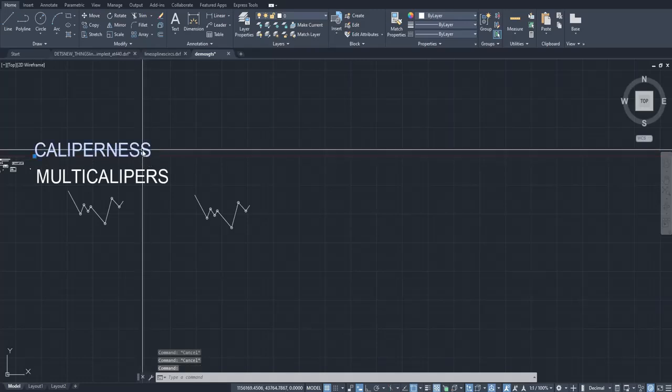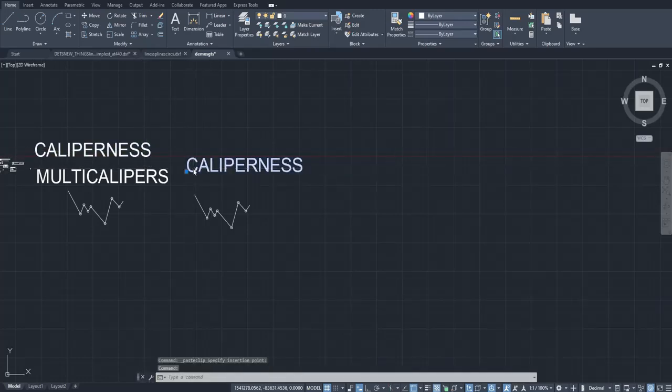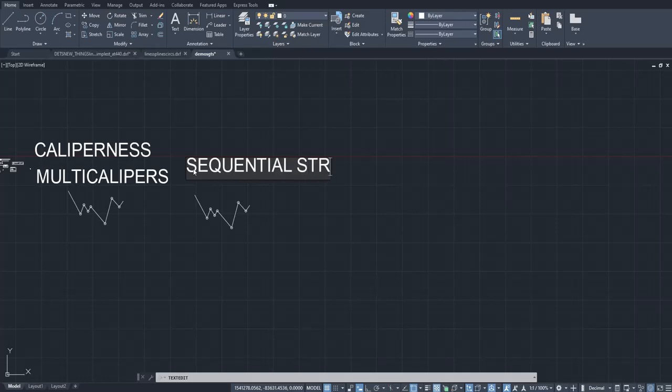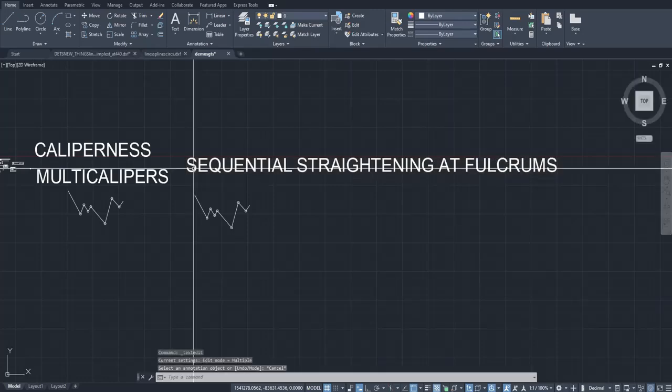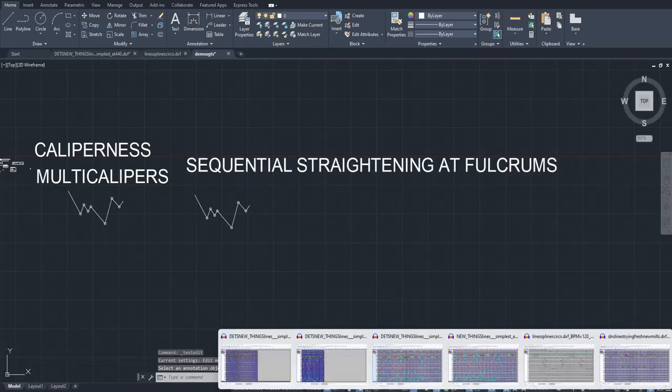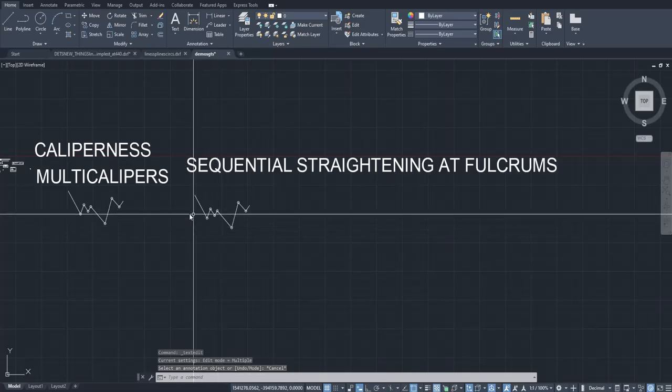This is the sequential straightening at fulcrums, and these things are done in geometrifying trigonometry.